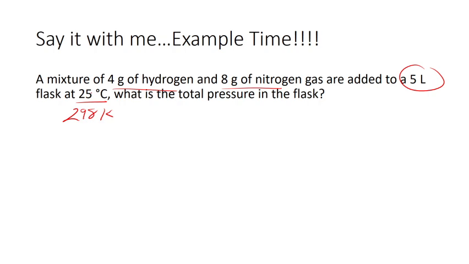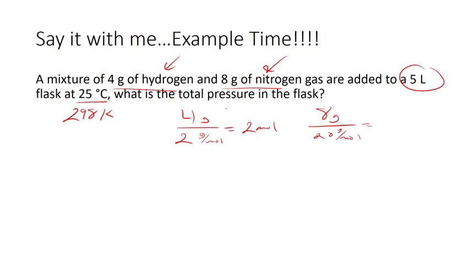First, we're going to figure out how many moles of hydrogen and nitrogen we have. 4 grams of hydrogen divided by 2 grams per mole of hydrogen is 2 moles of hydrogen, and 8 grams of nitrogen divided by 28 grams per mole of nitrogen, remembering that hydrogen is H2 and nitrogen is N2 when they're on their own.